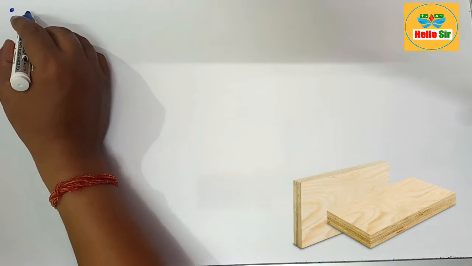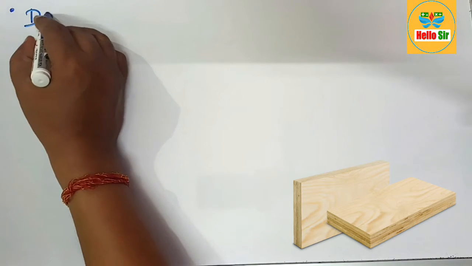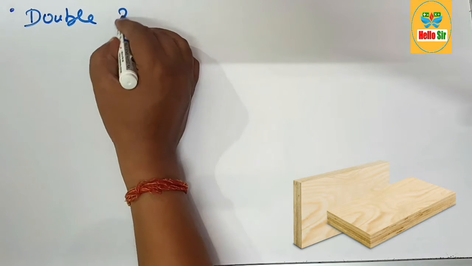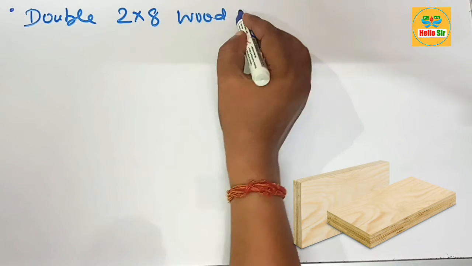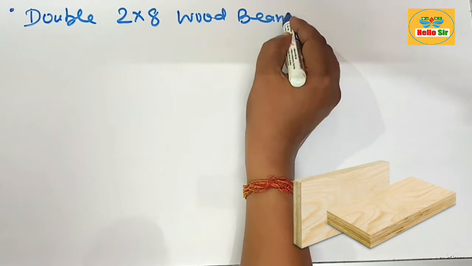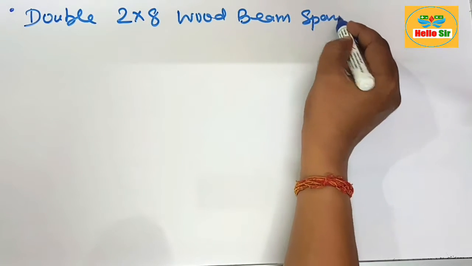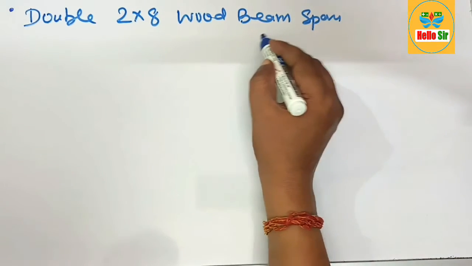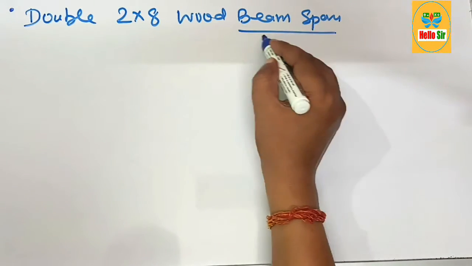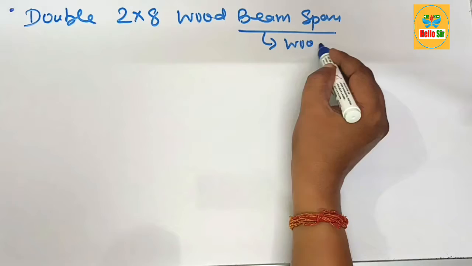Guys, today in this video you will learn about the double 2 by 8 wood beam span. What is the span length for a double 2 by 8 wood beam? You have here a wood beam.